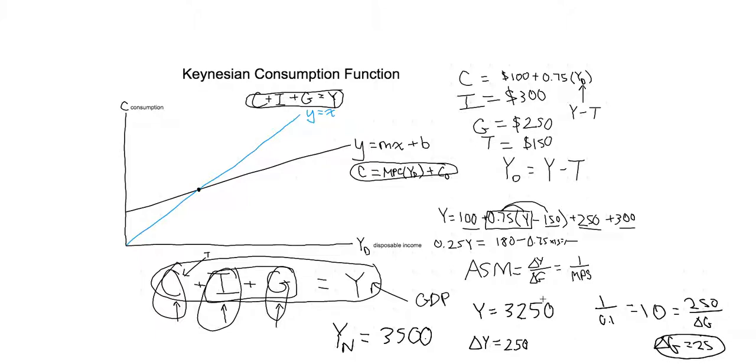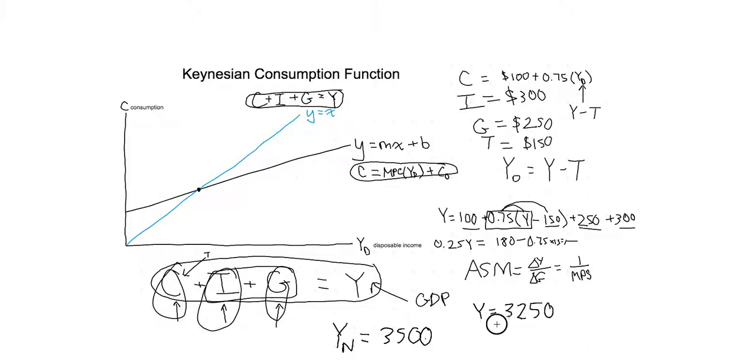So you only need to add in $25 billion in order to get the economy to stimulate by $250 billion worth of GDP. Now for taxes, it's a little bit different because it's nestled within the consumption function.